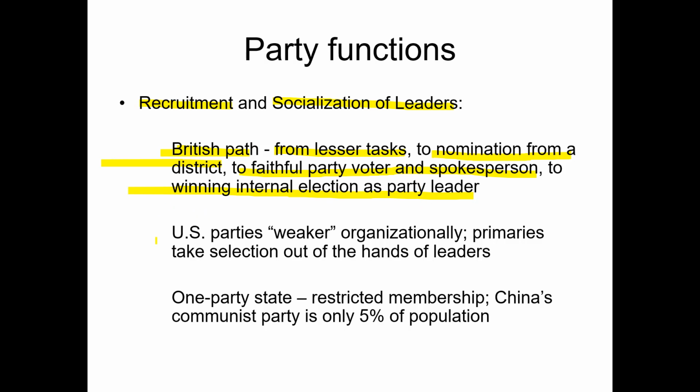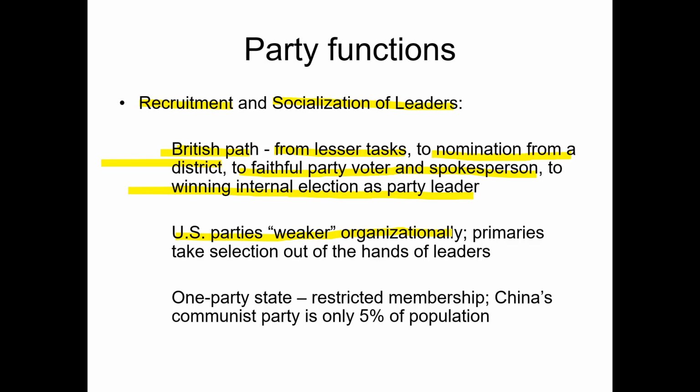In the United States, interestingly enough, despite our polarization, the parties are somewhat weaker organizationally, because they don't have quite the same grassroots-on-up type appeal. As we've seen in the United States, somebody who has name recognition could literally declare one day, okay, now I want to run for this party, and they could get elected president the next day.